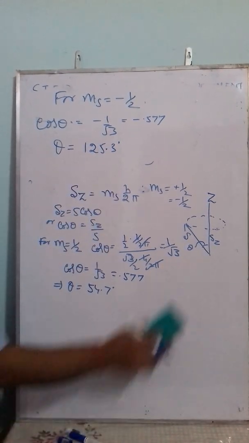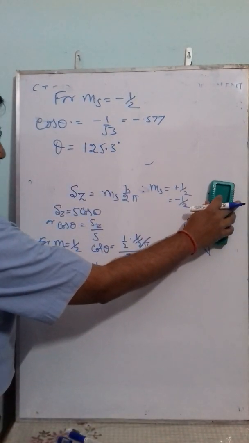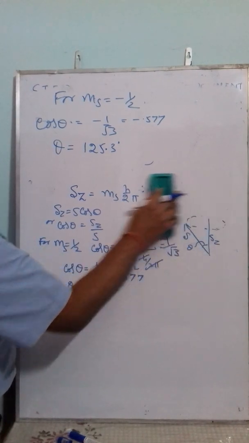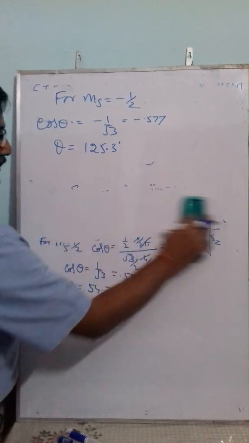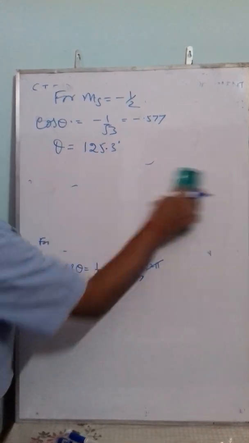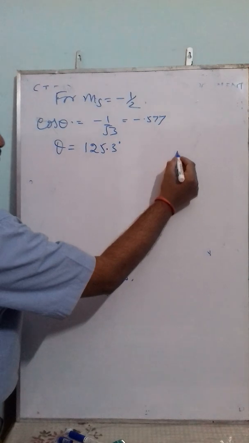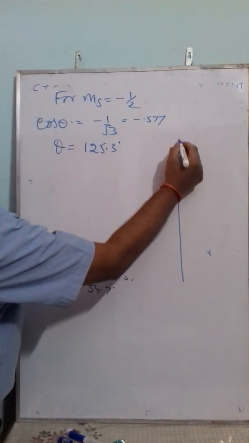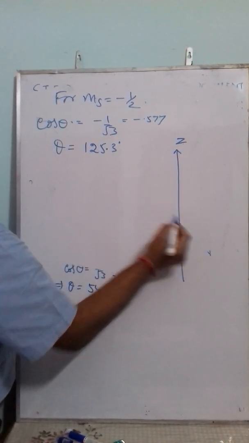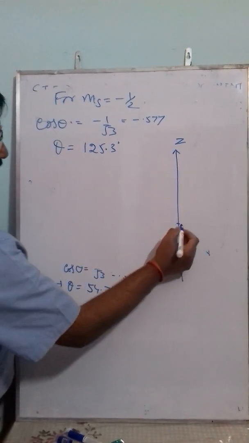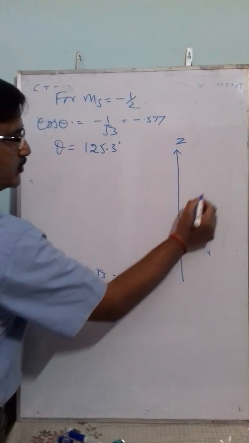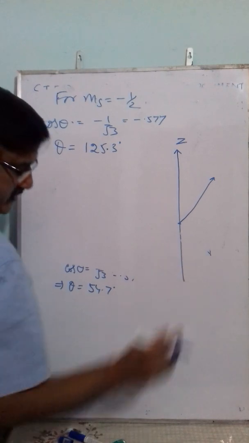So if I want to demonstrate the possible orientations, the possible orientations of S are like this. This is the Z direction, this is S, and we have two possible orientations of S. The other one is along this direction.